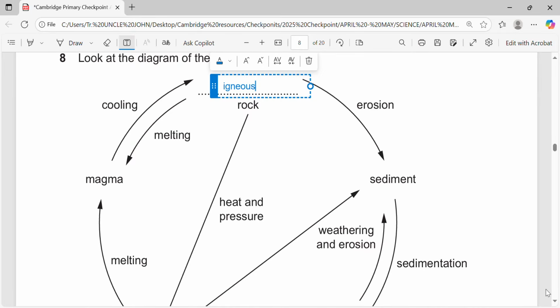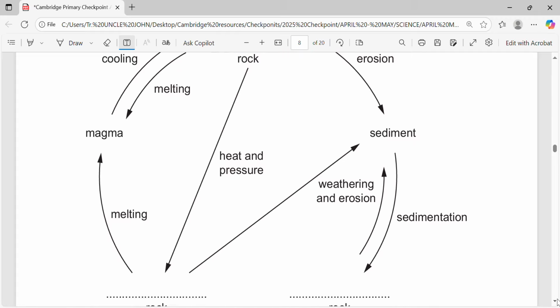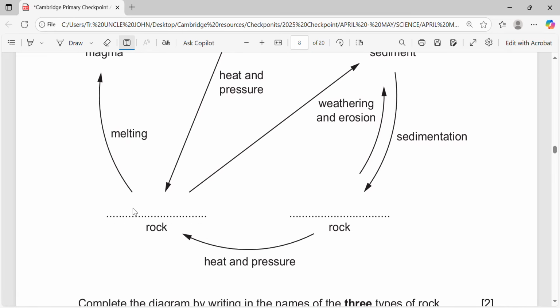Then down here, this side, we have metamorphic rock.